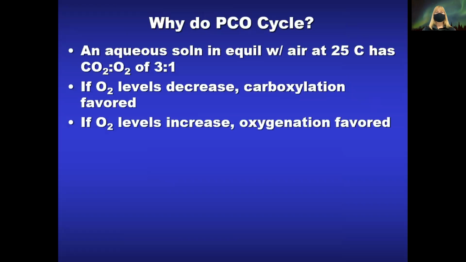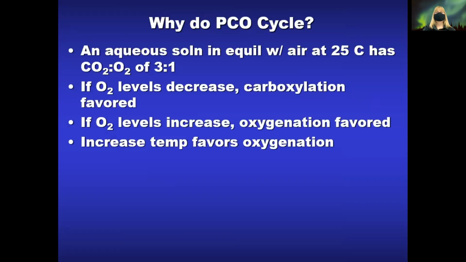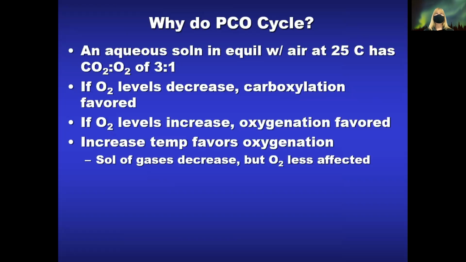Well, when you're a plant living your life and you start to experience increased temperatures around you, a hot, sunny day, that is actually, and they did this experimentally, of course, going to favor oxygenation. Why? Simply because as you heat a body of water that has dissolved gases in it, the solubility of gases starts to decrease as you increase the temperature of that water.